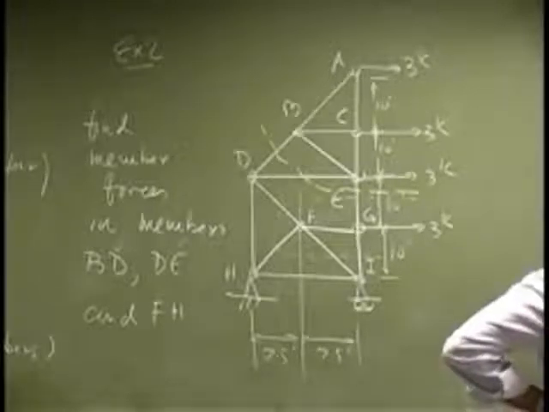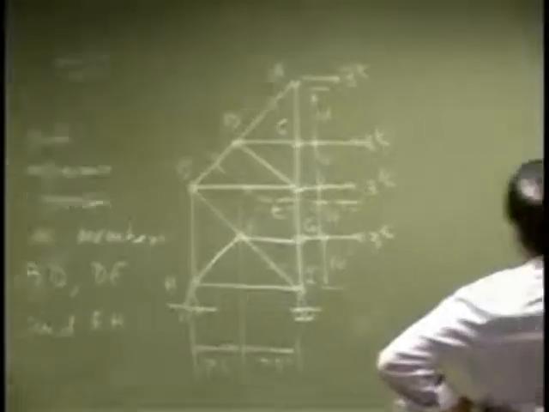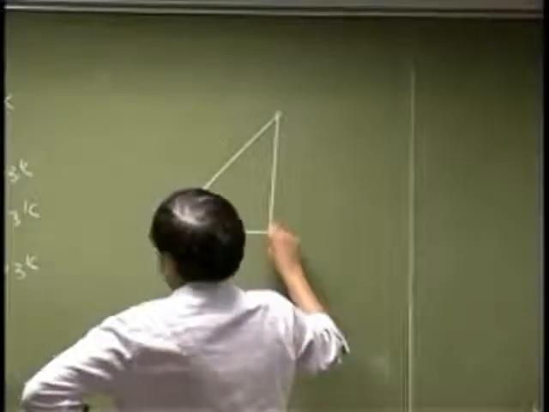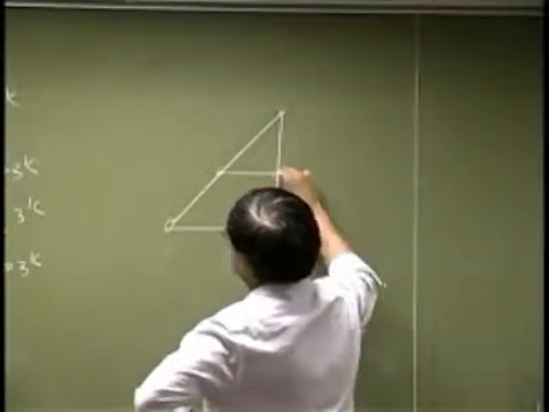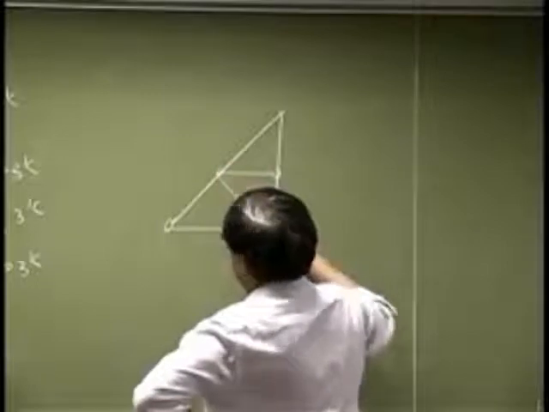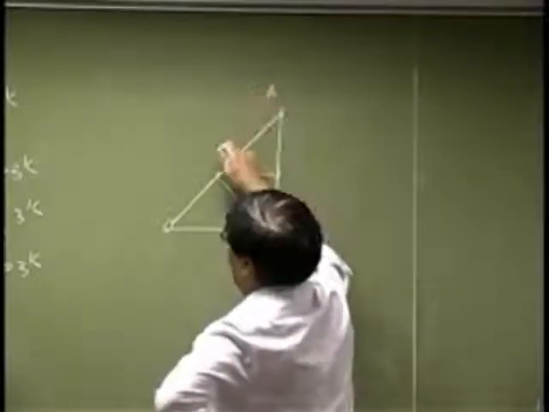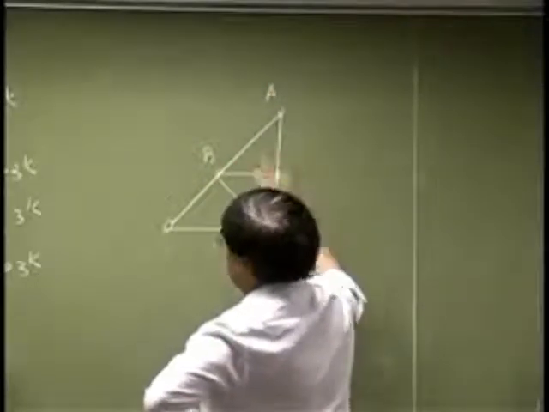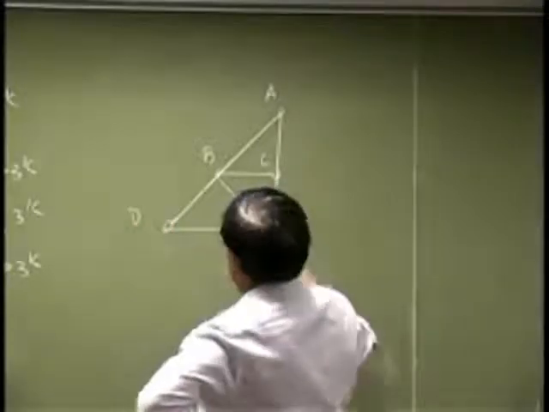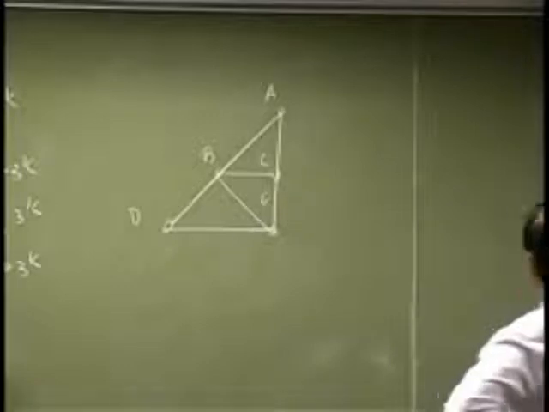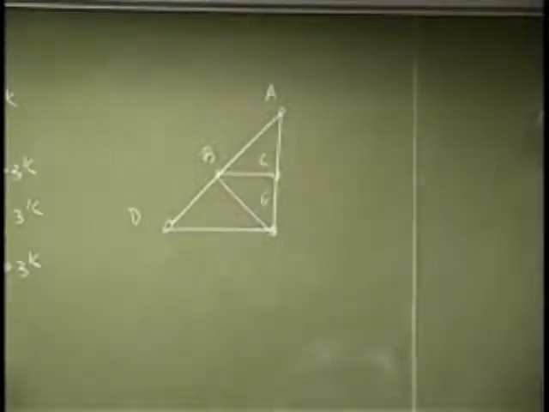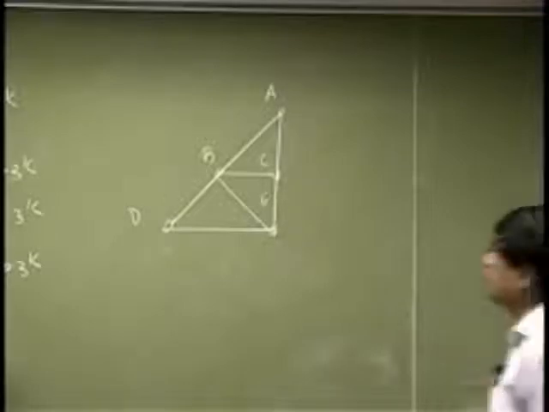If I draw the free body for the top, this is joint A, joint B, joint C, that's joint D, that's joint E. And then we got the forces.